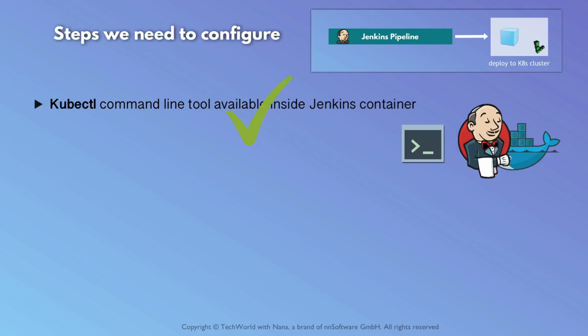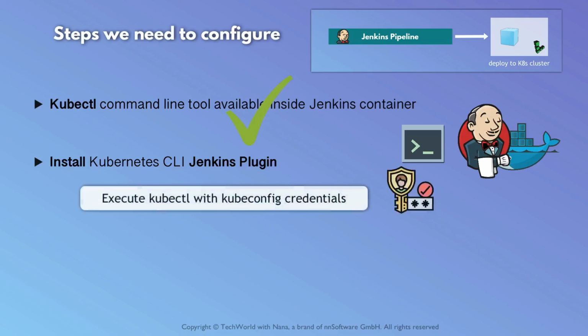The second one is we're going to need to install a Jenkins plugin that will make it possible for us to execute kubectl with kubeconfig credentials. So basically, instead of creating the kubeconfig of Linode's Kubernetes cluster inside the Jenkins container, we're going to configure it as a credential inside Jenkins.